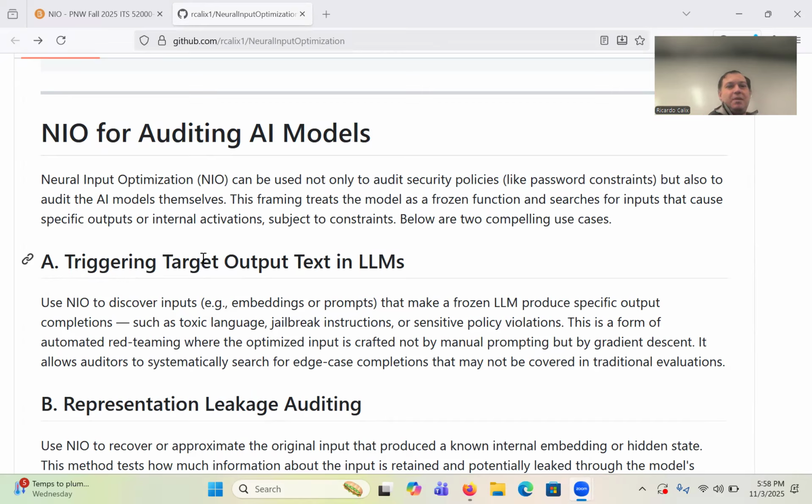It's super easy. So this framing treats the model as a frozen function that searches for inputs that cause specific outputs or internal activations, subject to constraints. And that's the key, right? So you define what your constraints are going to be. That's your creativity there.